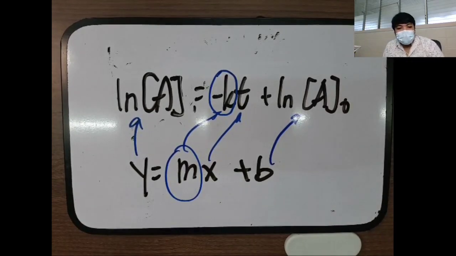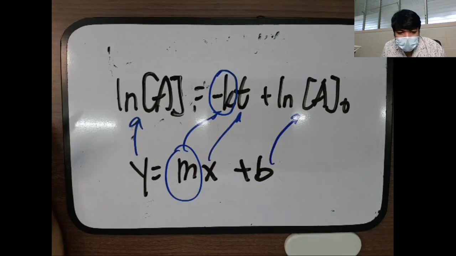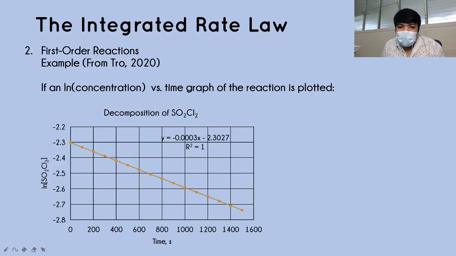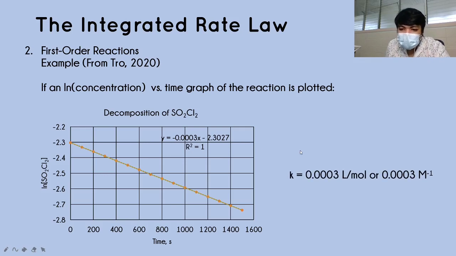Okay, so going back here, since we have established that is the equation, since the slope is negative 0.003, that means your rate constant will be 0.003 liter per mole, or per molar.